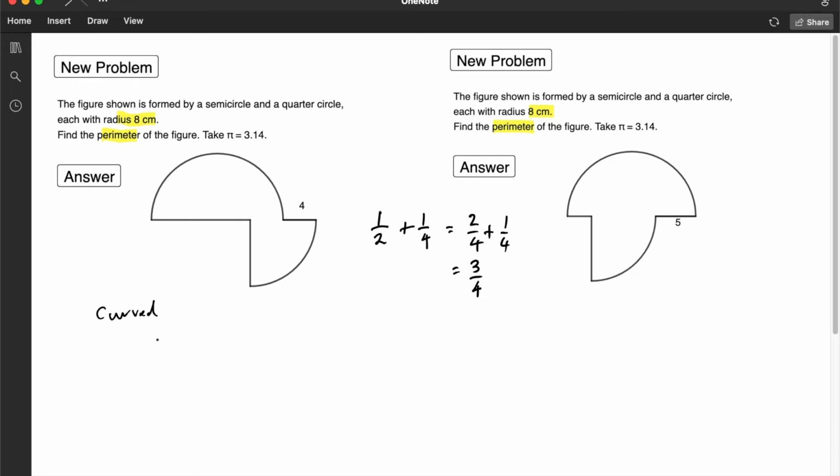So for the curve length, it is 3/4 of a circle multiplied by pi multiplied by 2 times 8, because 8 is the radius. So it is 3/4 multiplied by 3.14 multiplied by 2 multiplied by 8. We can take our calculator and find out what's the value. I think we're going to get 37.68.